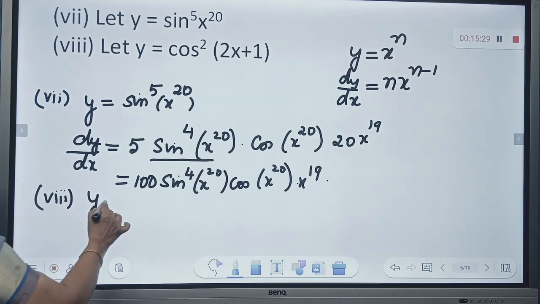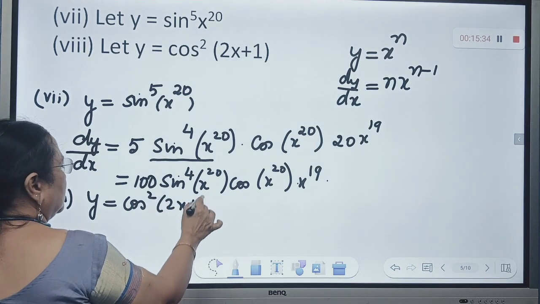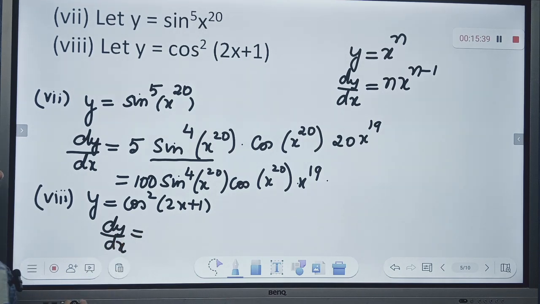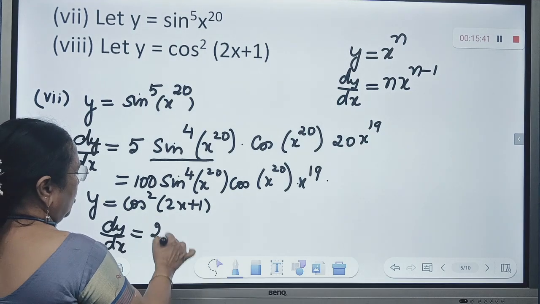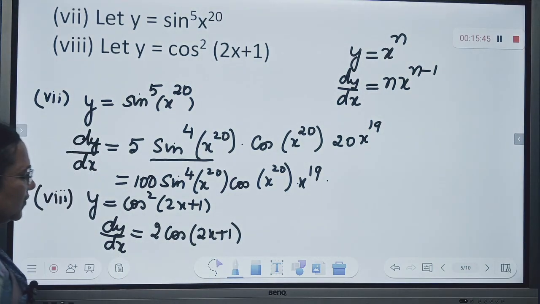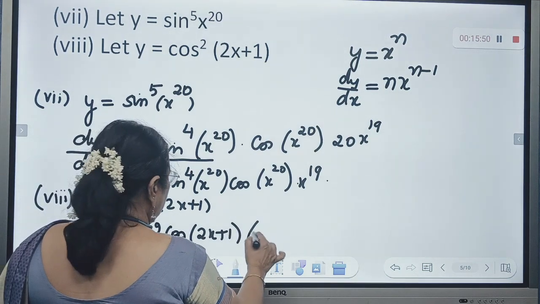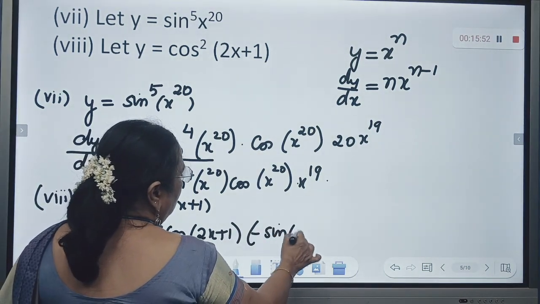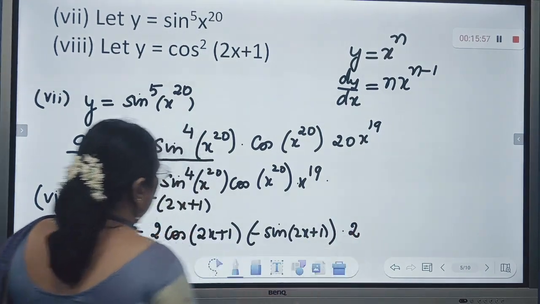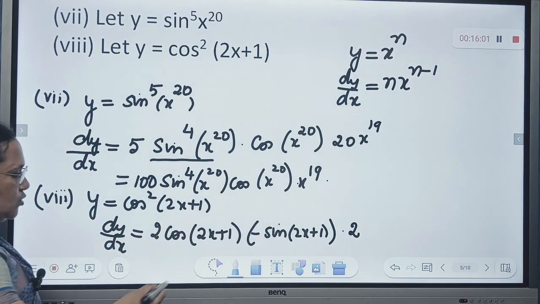Now the 8th sum, y equals cos square of (2x plus 1). So what will be dy by dx? x square, if I differentiate, I will get 2x. So 2 into cos of (2x plus 1). Derivative of cos of (2x plus 1) will be minus sin of (2x plus 1) into the derivative of 2x plus 1, which will be 2. So you have cos square of (2x plus 1).